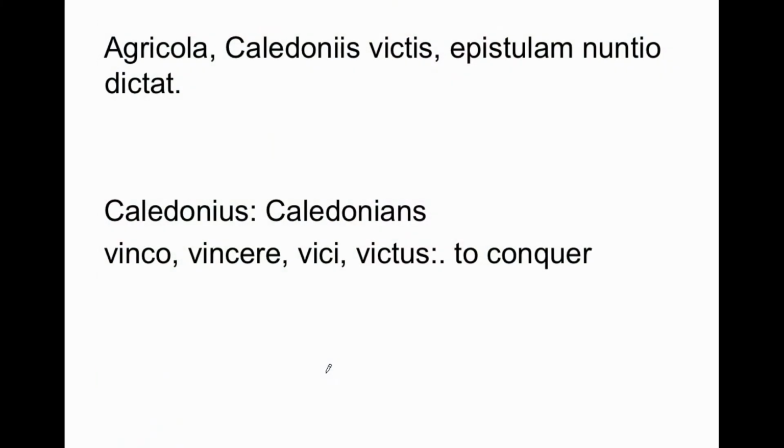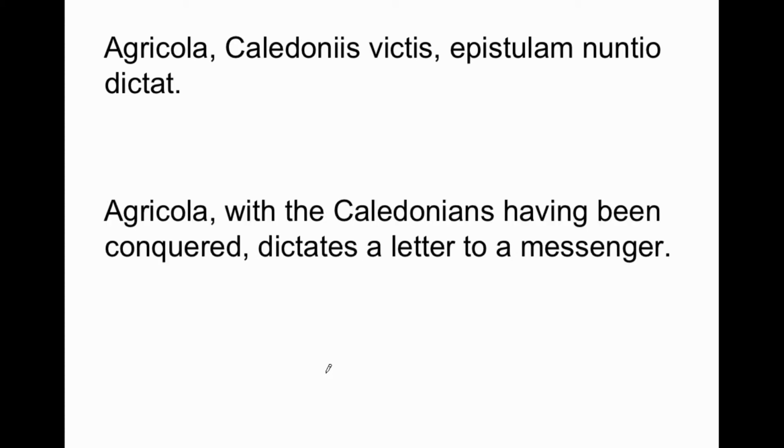Agricola Caledoniis victis epistulam nuntio dictat. Agricola, now literally, Caledoniis victis is an ablative absolute construction, literally with the Caledonians having been conquered. Now, the Caledonians are a Celtic tribe in the very far northern part of the island of Britannia, modern-day Scotland.